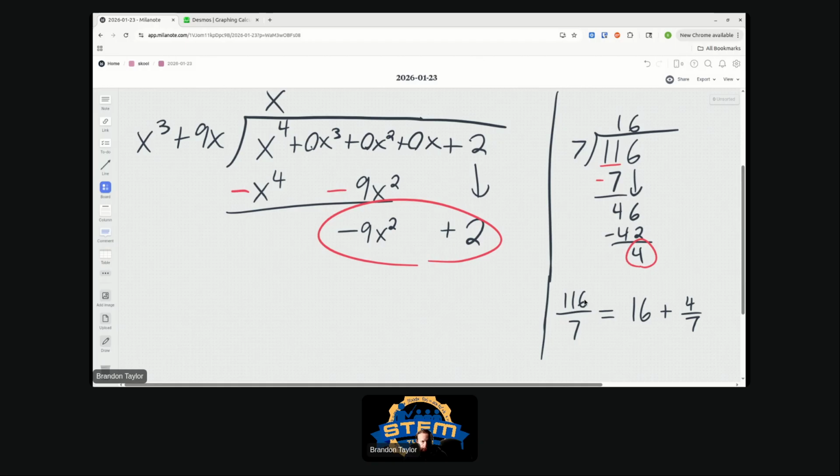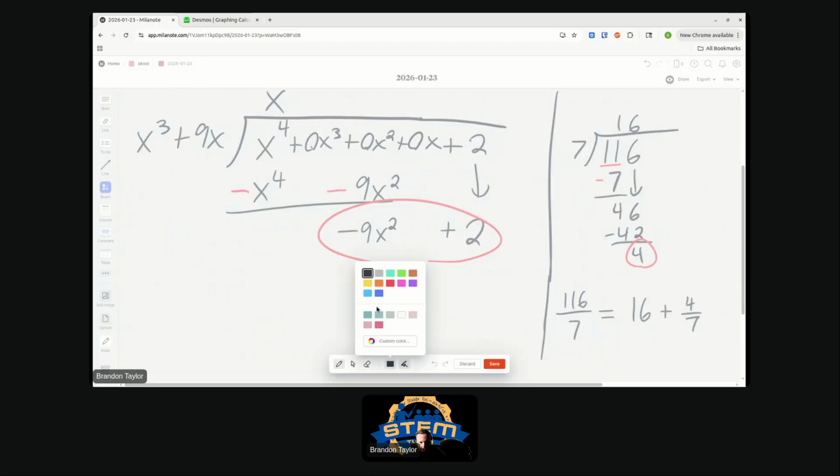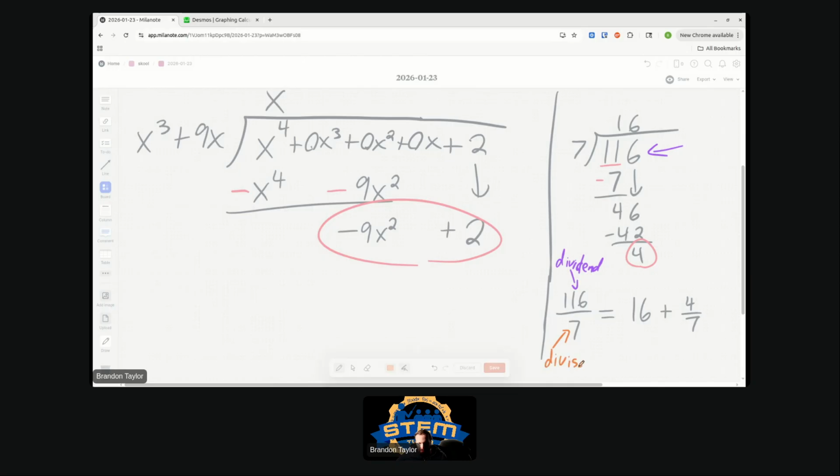Think about what we did. Just to put the terminology on it, what did we do? We said that the dividend, the thing we're dividing, so this is the dividend. The dividend, it's always the starting numerator, and it's always right there, divided by the divisor, which is right there, is equal to the quotient. Again, you don't need this terminology, but you do need to understand the pattern here.